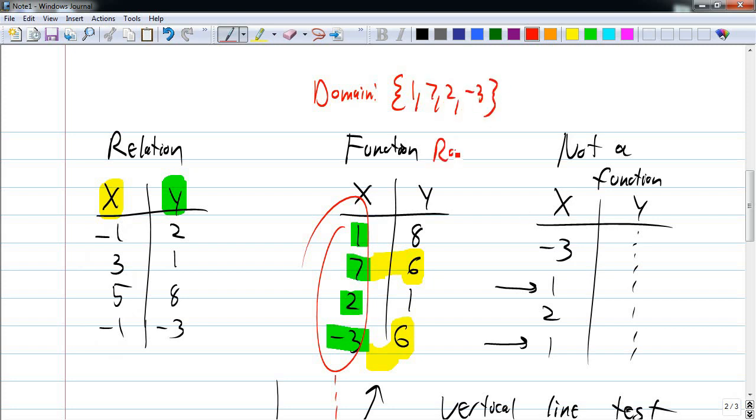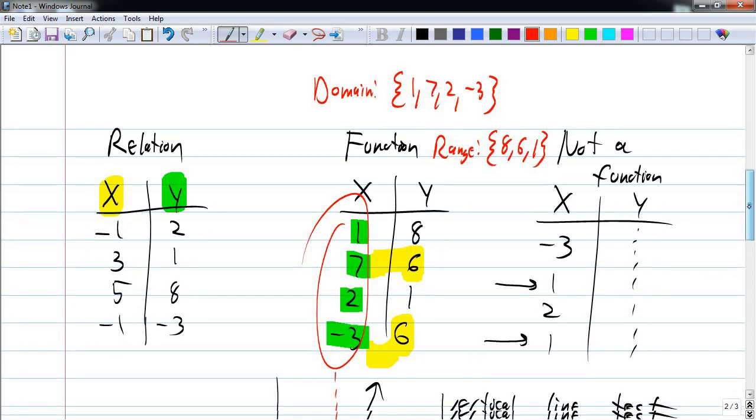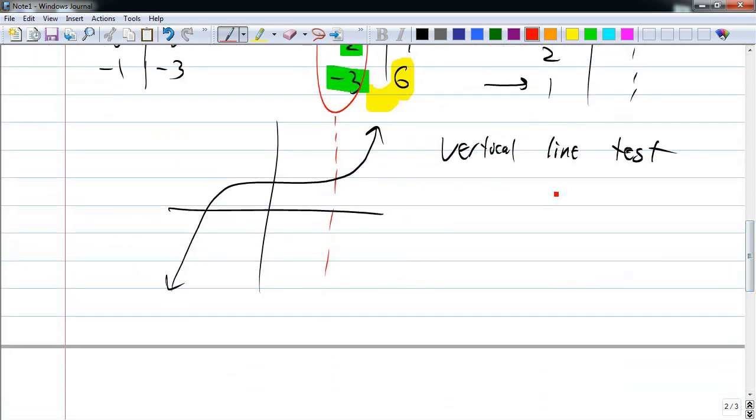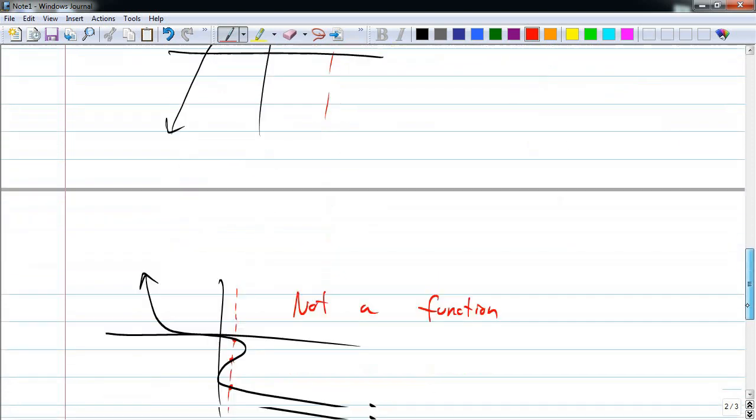The range is a list of all of the y values in a function. Okay? Domain and range. We'll talk about the domain and range from a graph later in the next video.